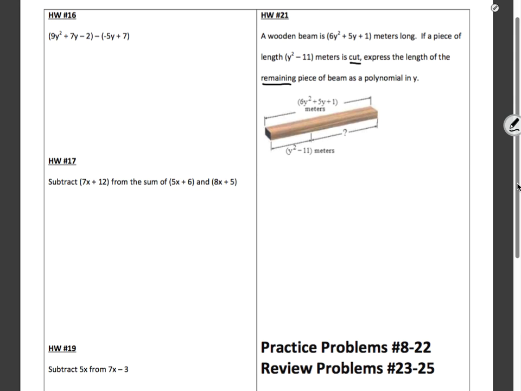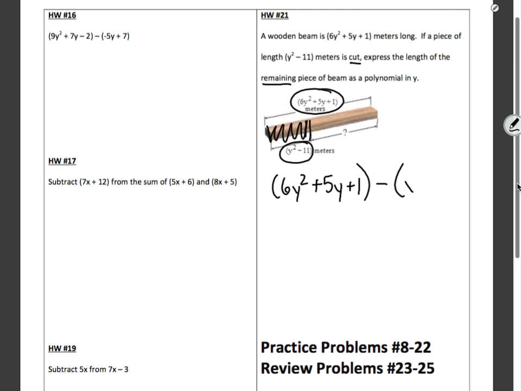So if I'm going to cut this part out of the beam, that would mean I would take the whole thing and subtract the part that I cut out. So the problem that I need to do is 6y squared plus 5y plus 1, and I need to subtract out y squared minus 11.